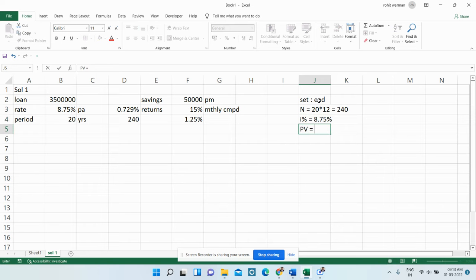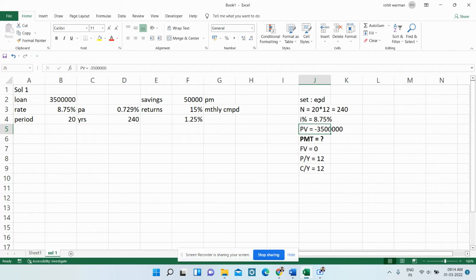PV is your loan amount, which is minus 35 lakhs. PMT you have to find. Then FV is 0. P/Y, since it is monthly, I'll go with 12, and compounding by default, as I said, will be monthly, so 12. And what you will get is your EMI.